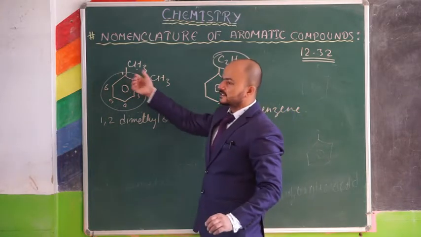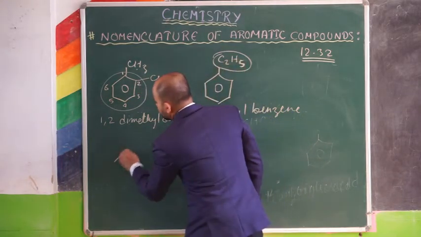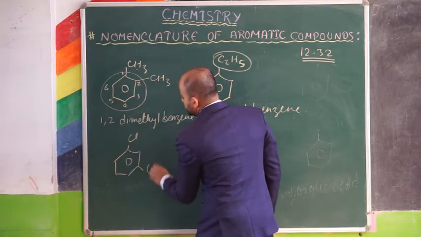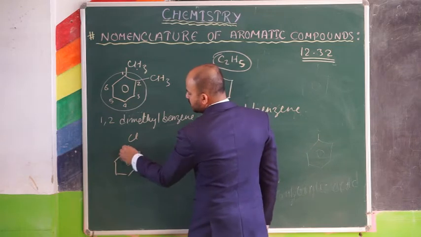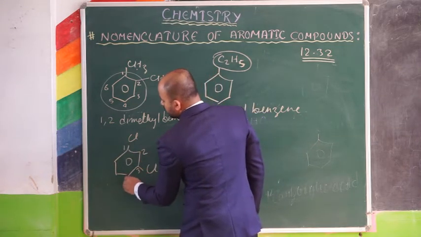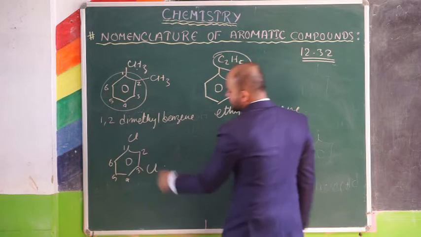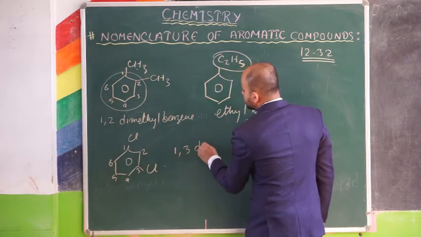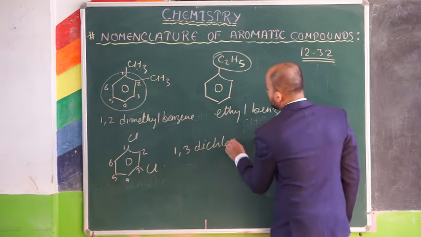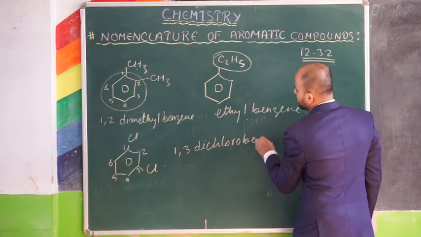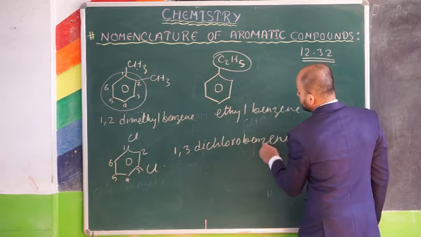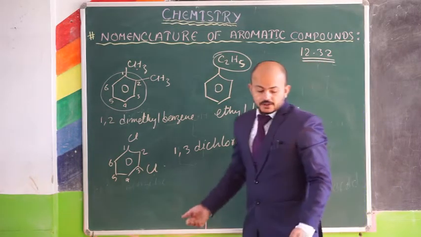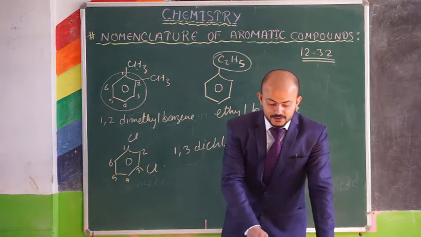Instead of CH3, if you have another group, like chlorine here and chlorine here, then you have to start numbering 1, 2, 3, 4, 5, 6. So its name would be 1,3-dichlorobenzene.